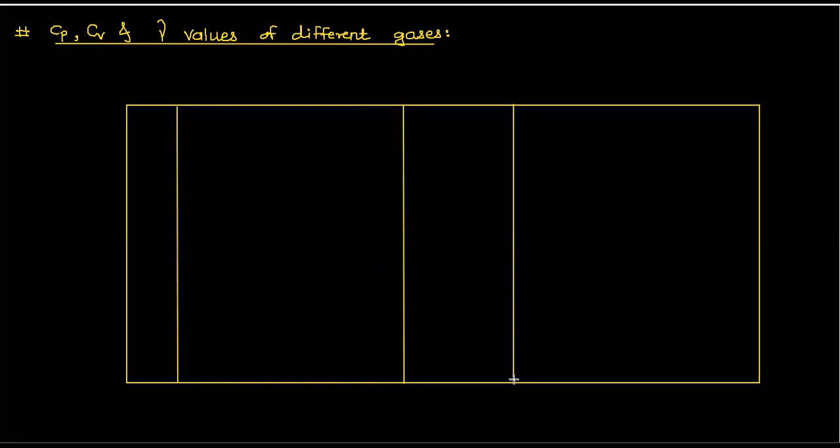Then this is for Cp. This is for Cv. This is for gamma.